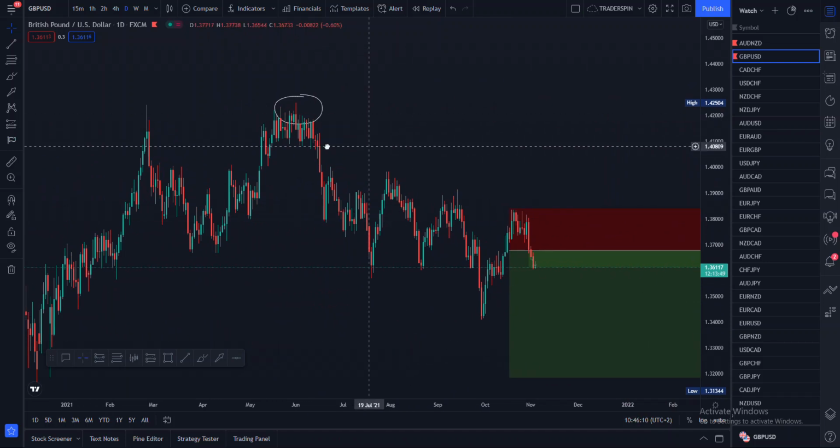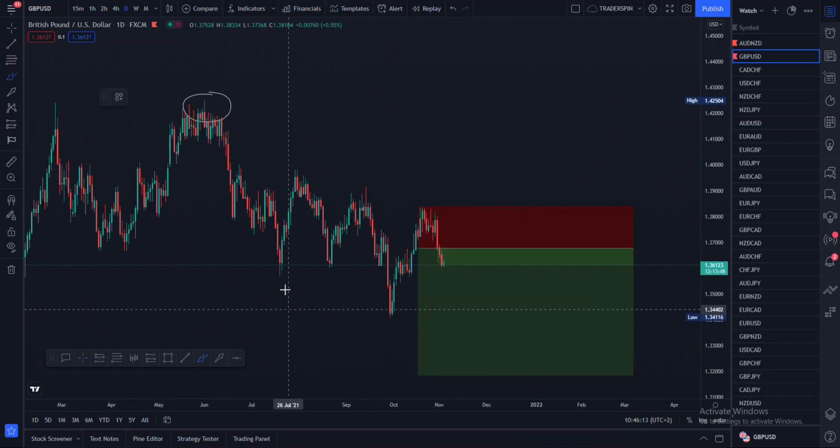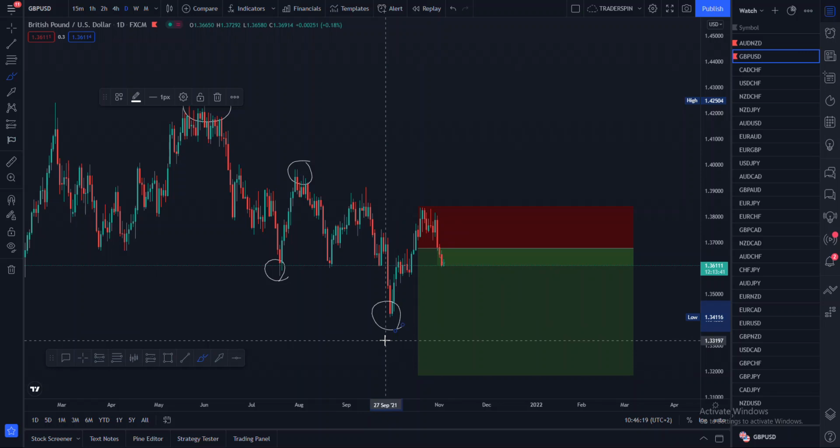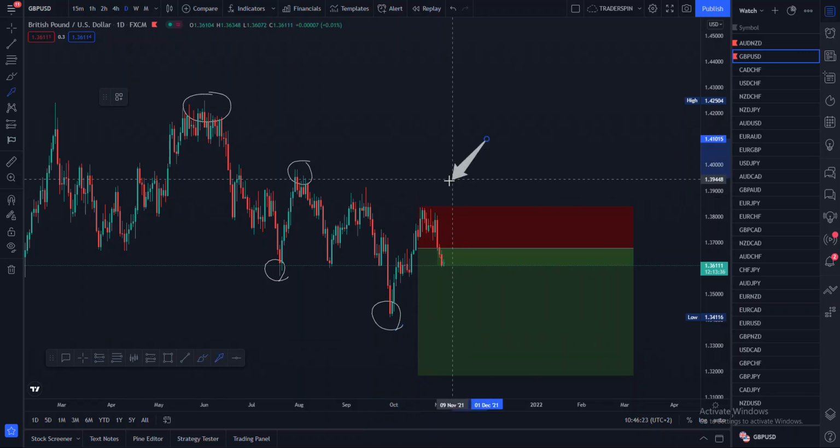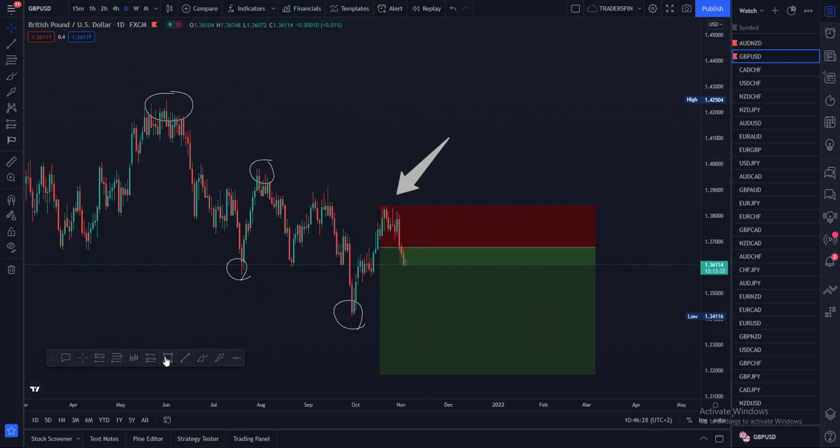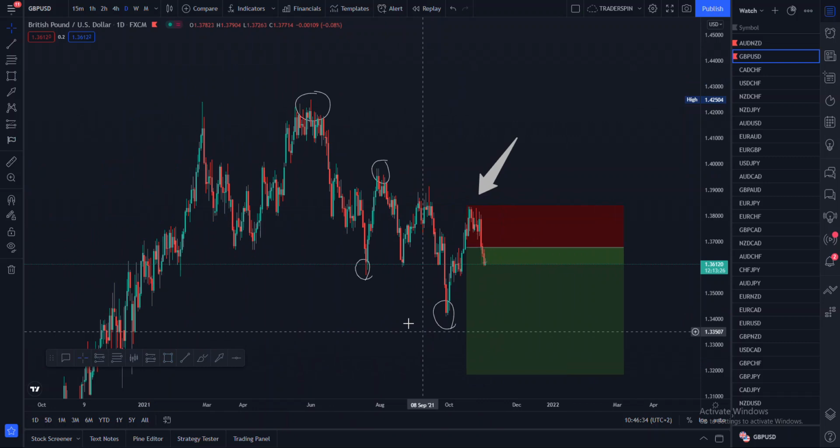Okay, so here, that is your high, that is your lower low, that is your lower high, that is your lower low. And where I sold here, it was my lower high, and I'm expecting price to come and beat that low there. So I have a risk to reward ratio of about 1:2 on this trade.